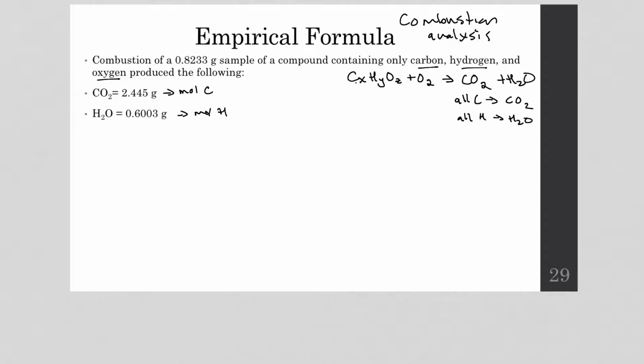So in the last example, since we knew the mass of each individual atom, we could just go directly to the moles, right? Using the molar mass. So here we have to do a slightly longer process. I just have to do an extra step here.